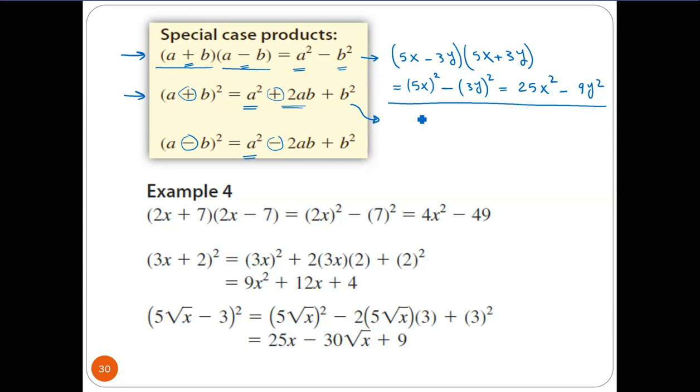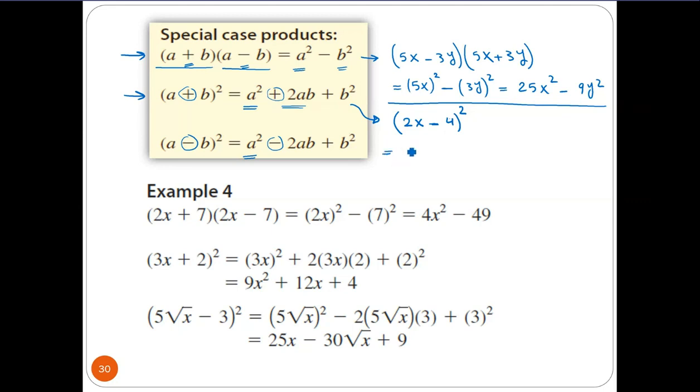If we have 2x minus 4 all squared, like this, how can we simplify or find this product?